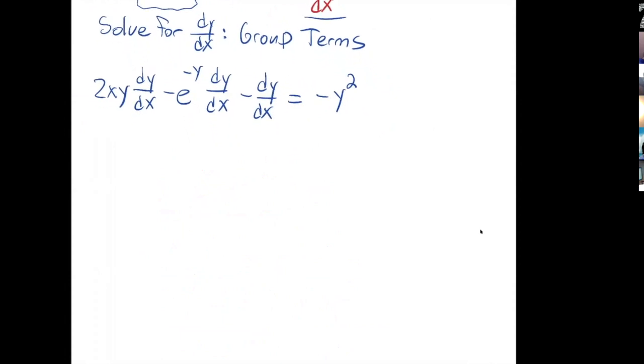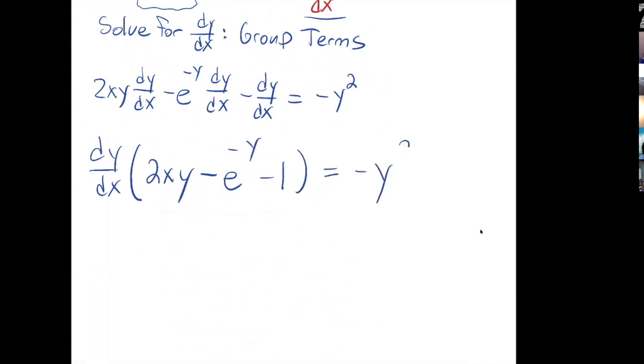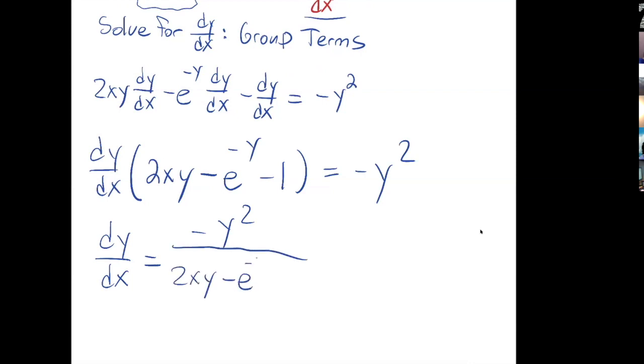So now I'm going to factor out dy dx, we've got 2xy minus e to the minus y minus 1 is equal to minus y squared. So that tells me dy dx is therefore equal to minus y squared, all divided by 2xy minus e to the minus y minus 1. Any questions?